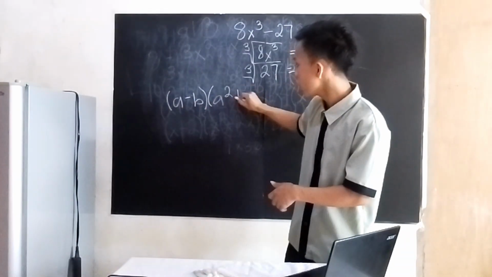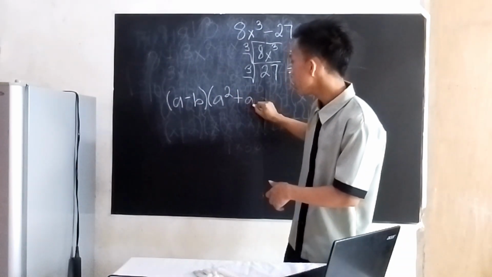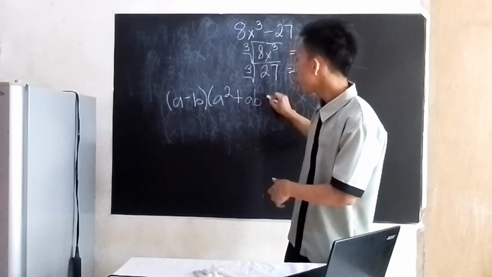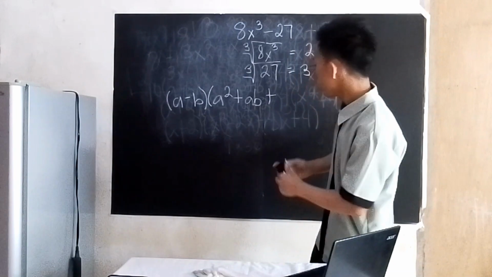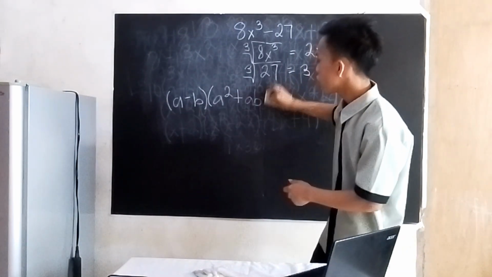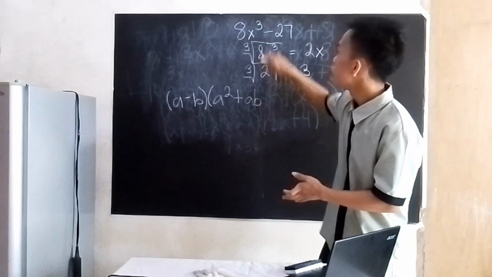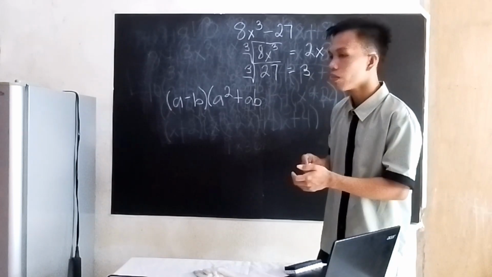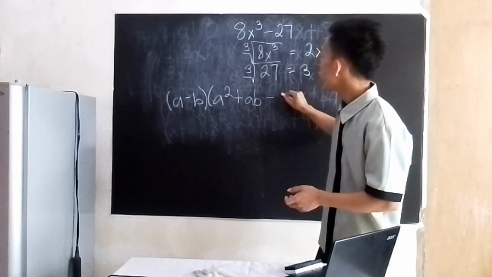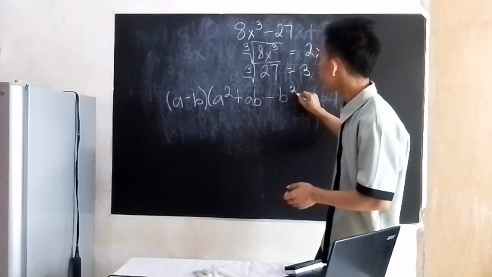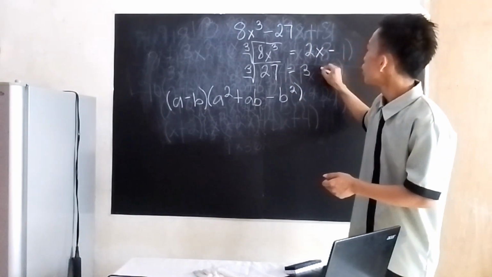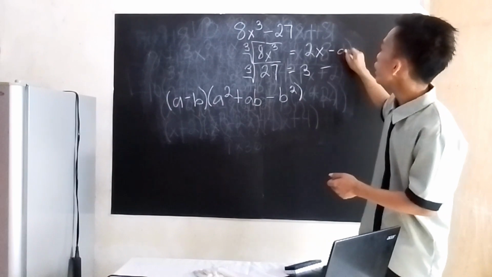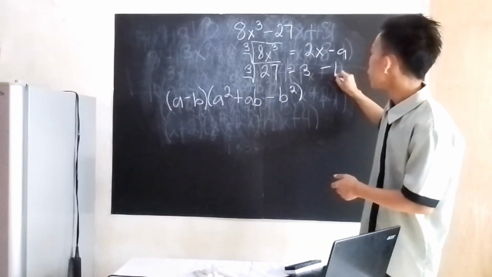That's right. So positive AB plus, that will be the same sign. So what is the same with negative? That is negative. B squared. So let 2x be letter A and let 3 be letter B.